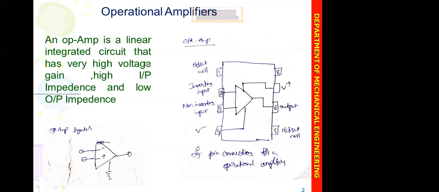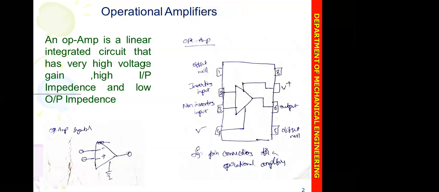The voltage gain is that of a high gain DC amplifier, nearly 1 lakh. High input impedance means the resistance at the input is high, and low output impedance means almost all the error is minimized.